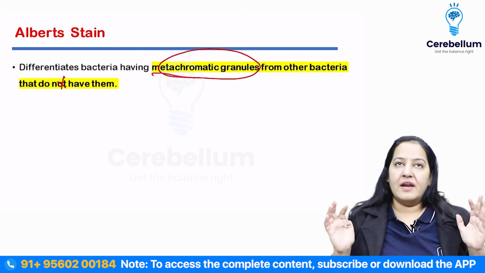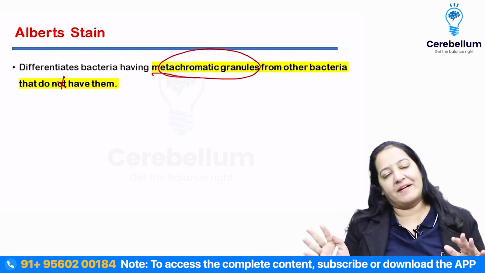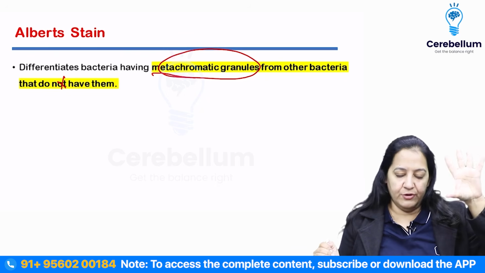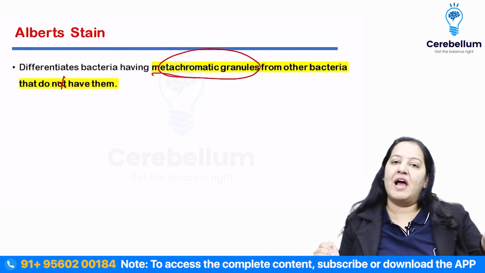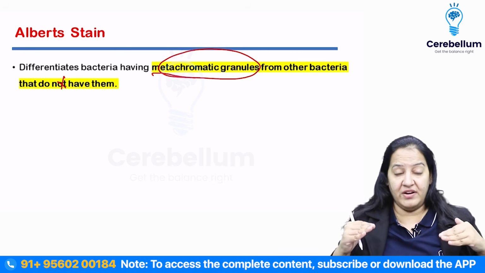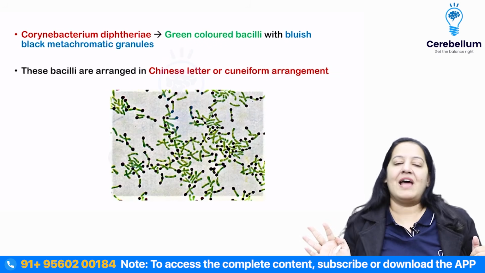There are some structures inside bacteria known as metachromatic granules. Some bacteria have them, some do not. There are 5 bacteria, I will tell you the list, having metachromatic granules. All the 5 bacteria can be stained by Albert stain. Albert stain is used to differentiate bacteria based on metachromatic granules. So let's start Albert stain.